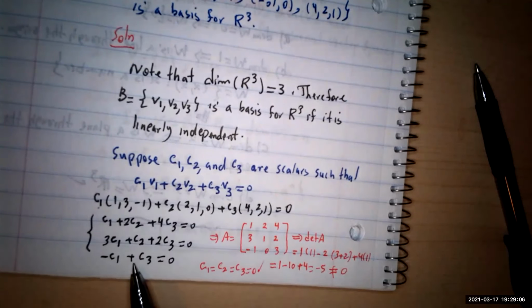You can solve this system to show that they are 0, or you can consider the matrix of the coefficients and prove that the determinant of the matrix is not equal to 0. Remember, we did this one before. So this is one advantage of this theorem.